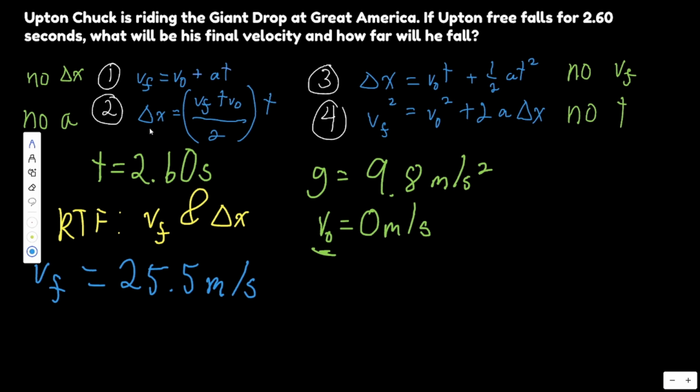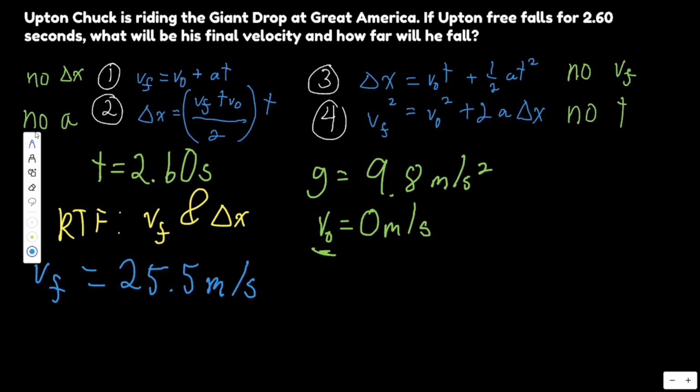But equation 2 also works. Equation 3 is a bit more straightforward and has fewer steps. If you notice, v0 times time is 0 times another number, so immediately we cross out this variable right there. So let's try using equation number 3.